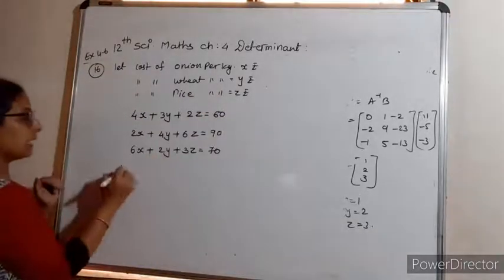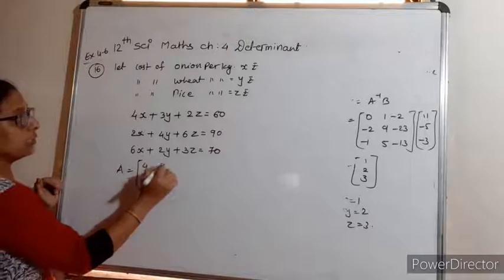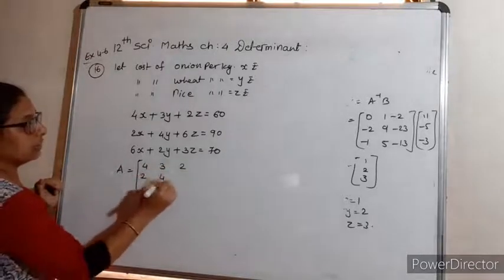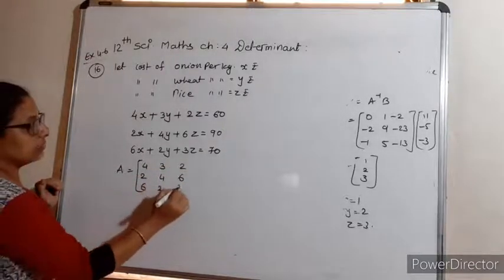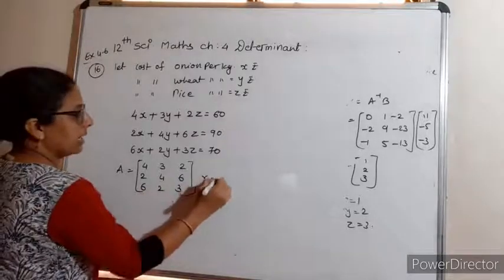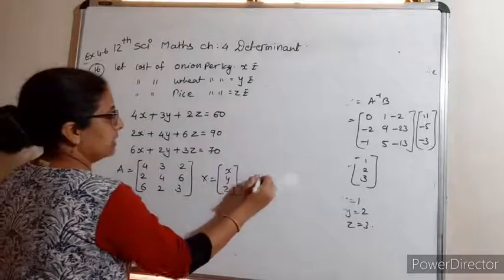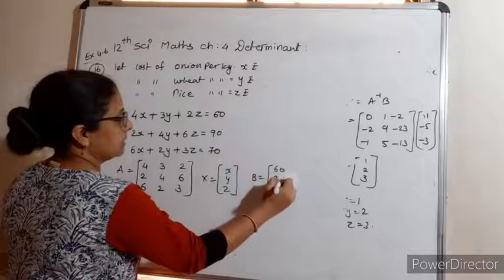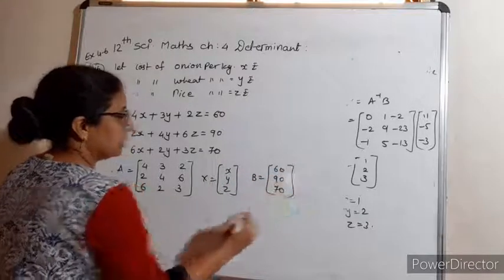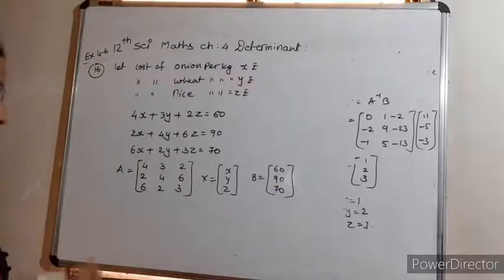So here we will get A is equal to 4, 3, 2, 4, 6, 6, 2, 3. X, Y, Z. B, 60, 90, 70. Solve this equation yourself and get the answer.